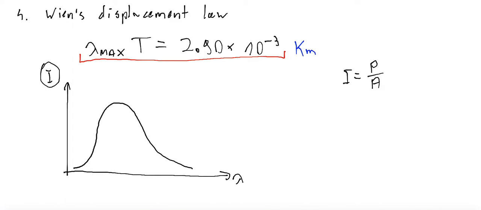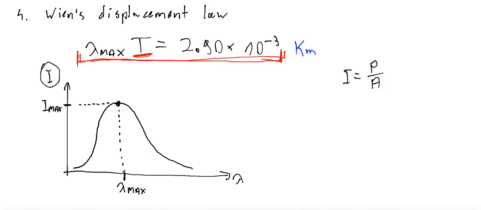Okay, and you can see that there is one specific wavelength called lambda max, but this is not the maximum wavelength. This is the wavelength for which intensity is a maximum. Okay, and due to the Wien's displacement law, this lambda max depends on the temperature.